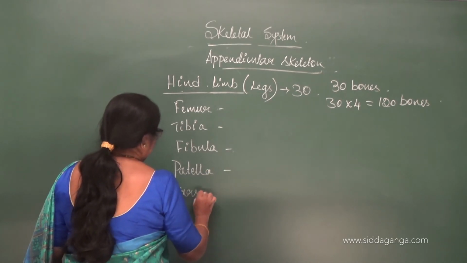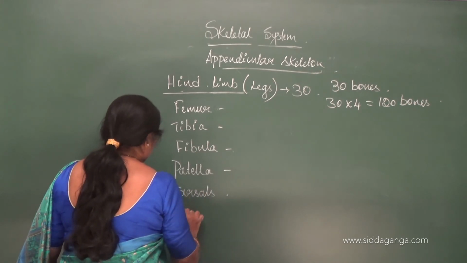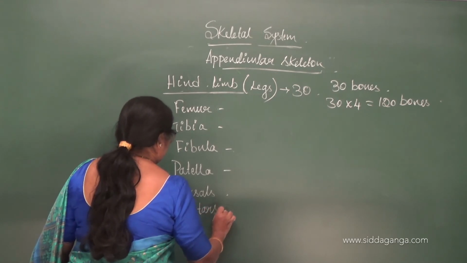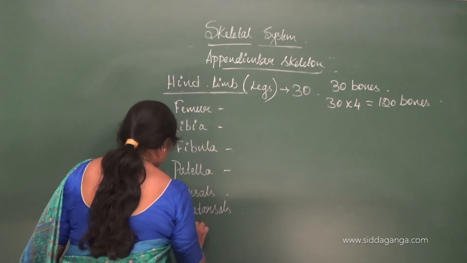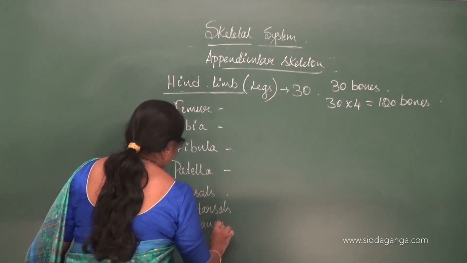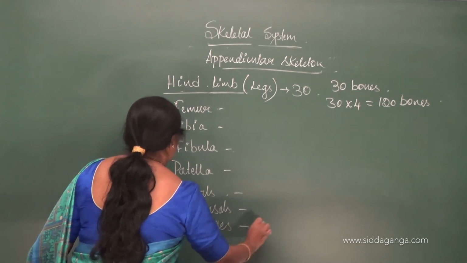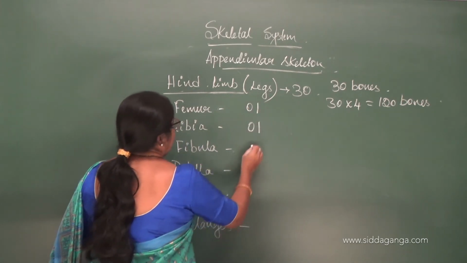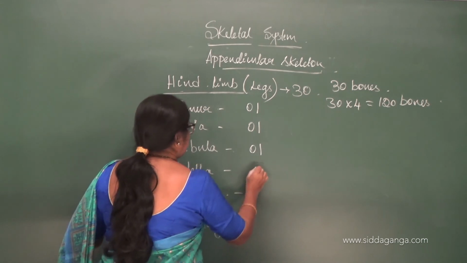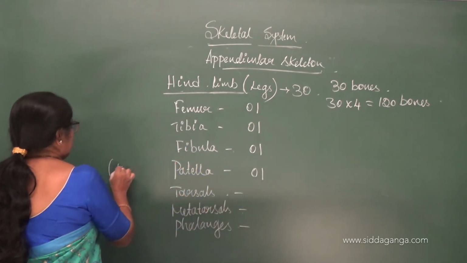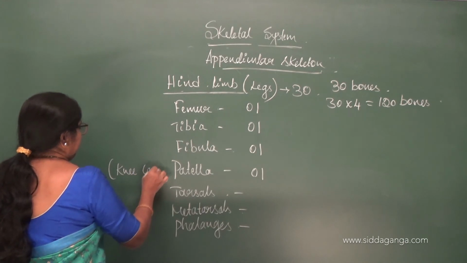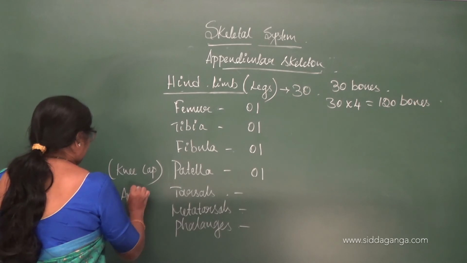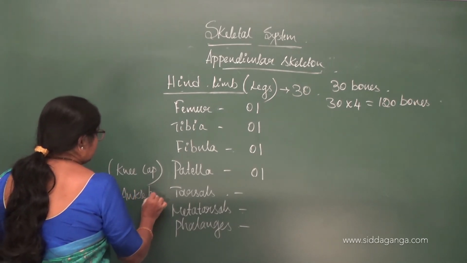Then tarsals, metatarsals, and the phalanges. So femur is one bone, tibia is one bone, fibula is one bone, patella, the knee cap, is called the knee bone, tarsals are the ankle bones.